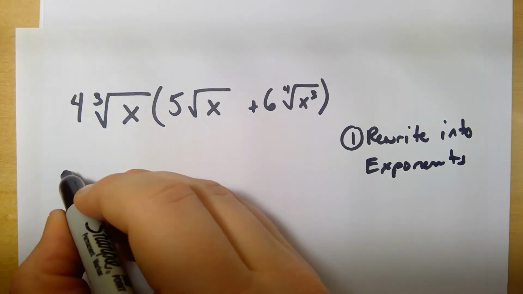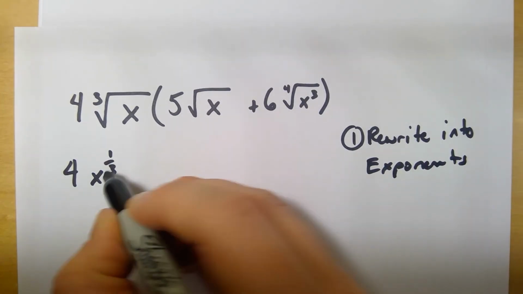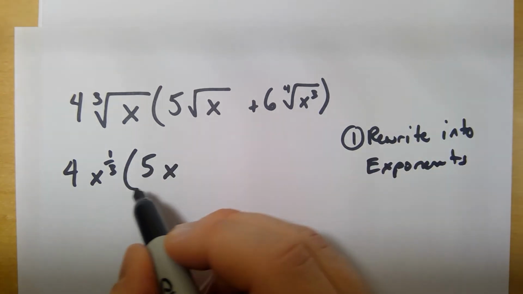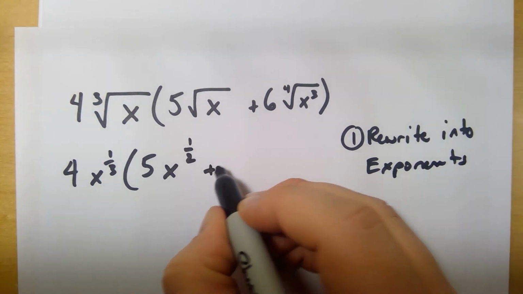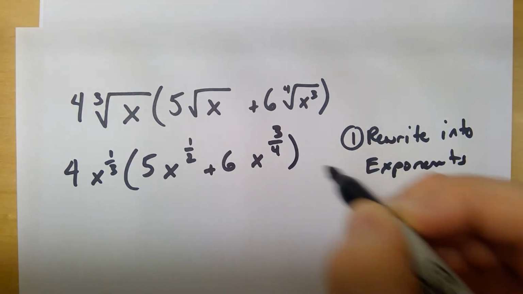Okay, so we have 4 times x to the 1 over 3 times, within the parentheses, 5 times x to the 1/2 plus 6 times x to the 3 over 4.